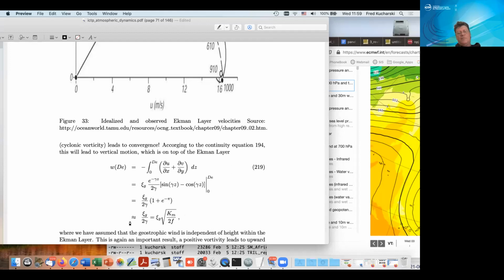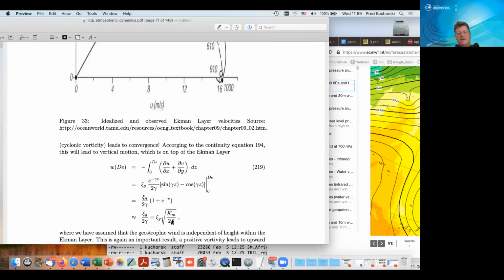So an approximation for the vertical velocity at the top of the boundary layer is that it is proportional to the geostrophic vorticity, which may be induced by anything, divided by 2 gamma. And then you can express 2 gamma in terms of this exchange coefficient Km and the Coriolis parameter.